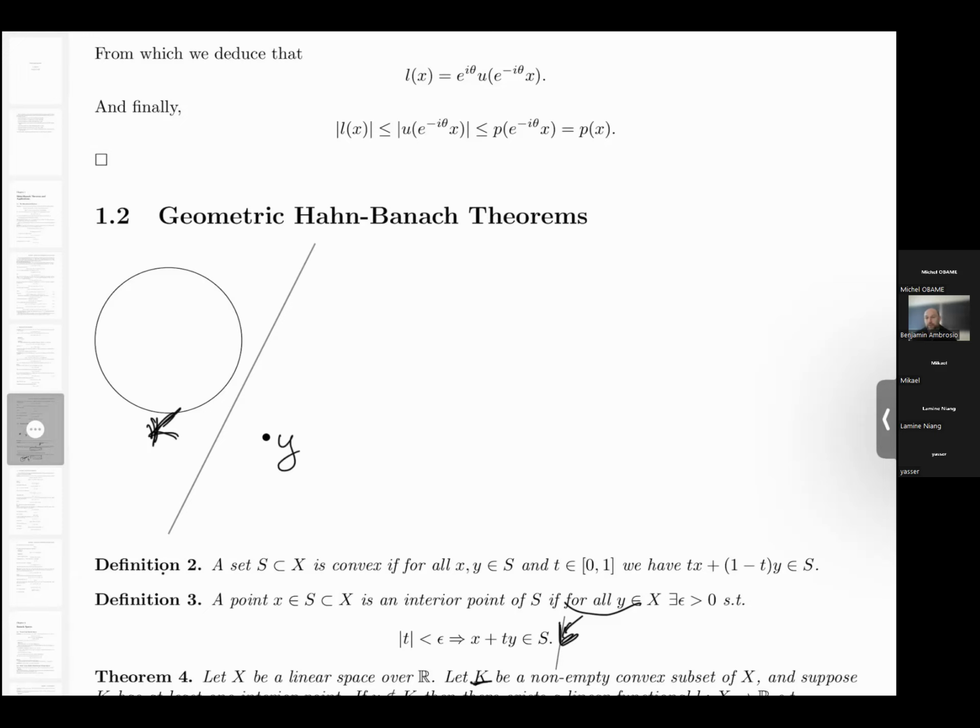And we can also define an interior point by saying that a point X is interior to K if there exists epsilon greater than 0, such that as soon as t is less than epsilon, then X plus tY belongs to K for all Y in X.